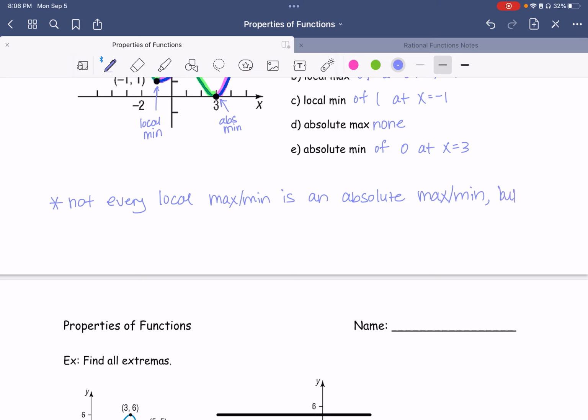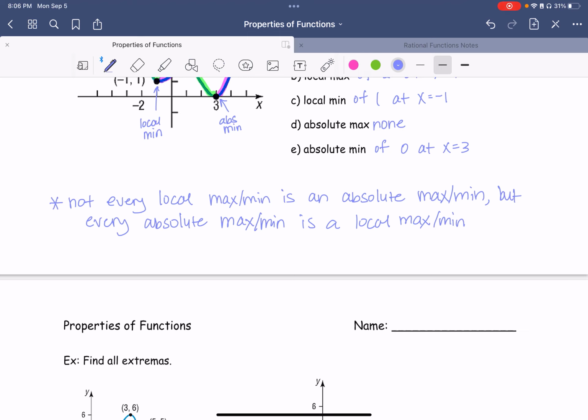But every absolute max or minimum is a local max or minimum. Okay, so basically every absolute will also be local, but not every local is absolute. So I have two examples for you, a real life situation and a math situation to kind of help you understand what this is saying, okay?